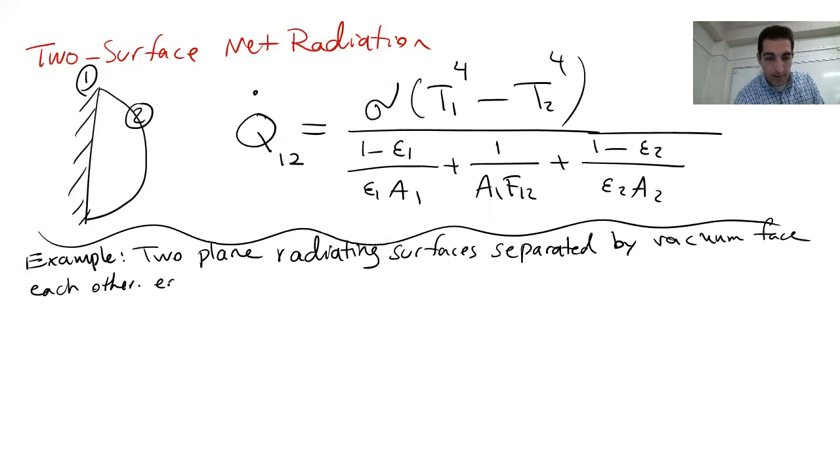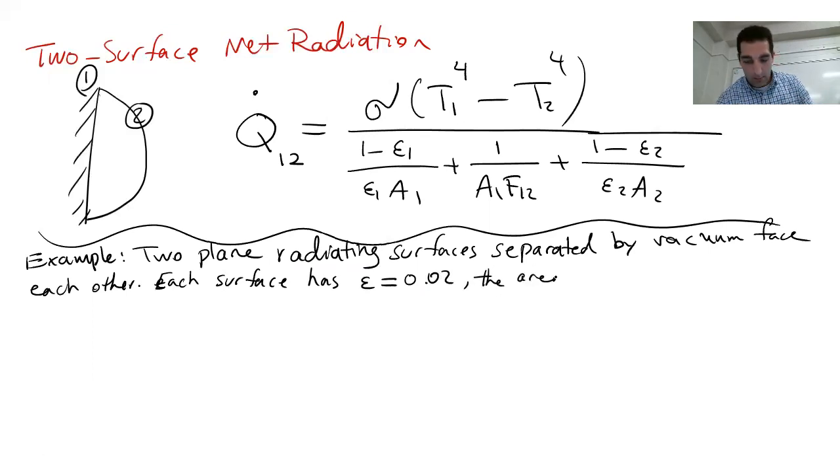Each surface has emissivity of 0.02, so they are the same. The areas of surfaces are large.